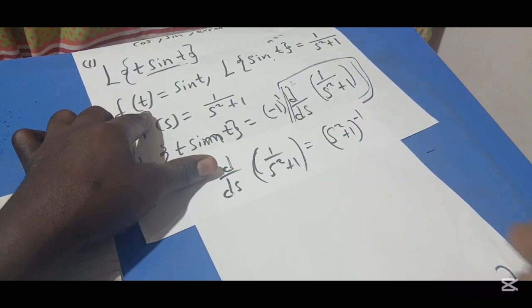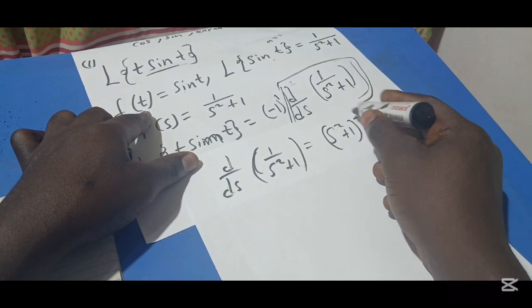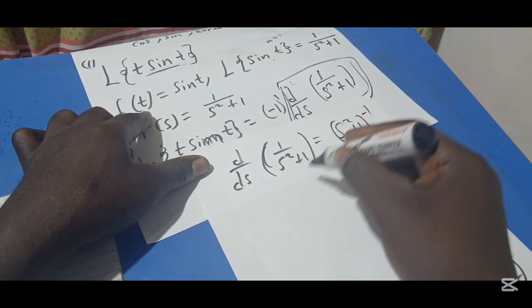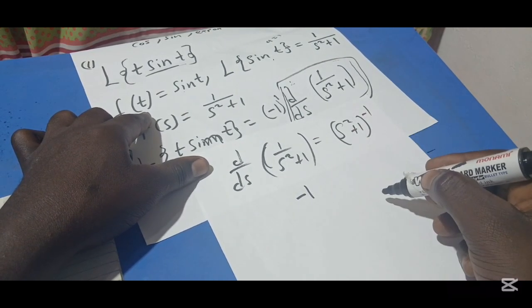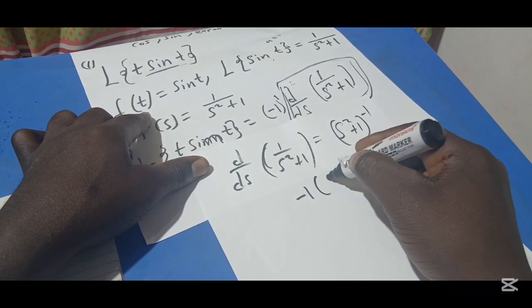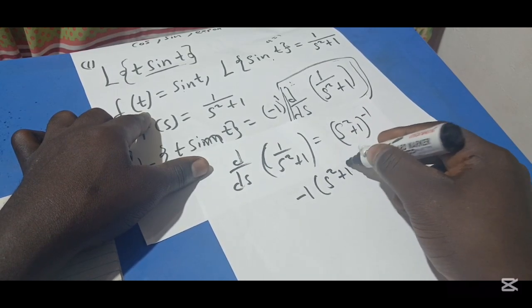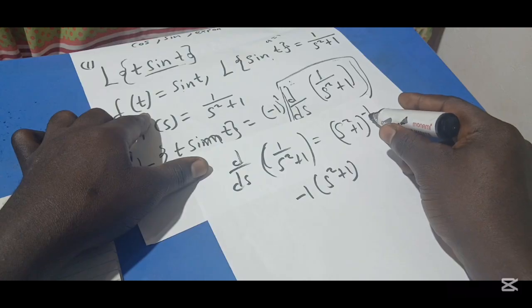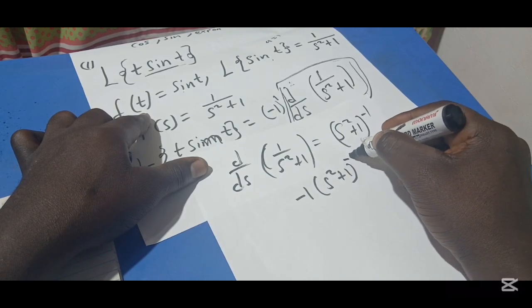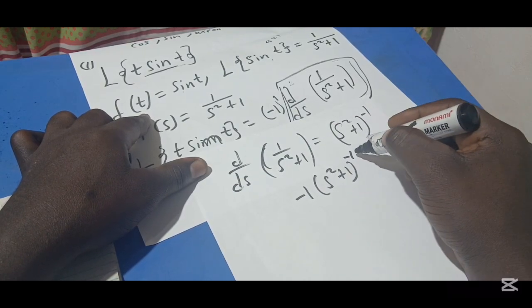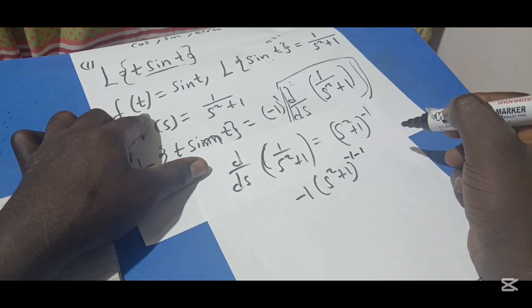Using the chain rule, we bring the power minus 1 down, then write everything s squared plus 1, and the power decreases by 1 again.